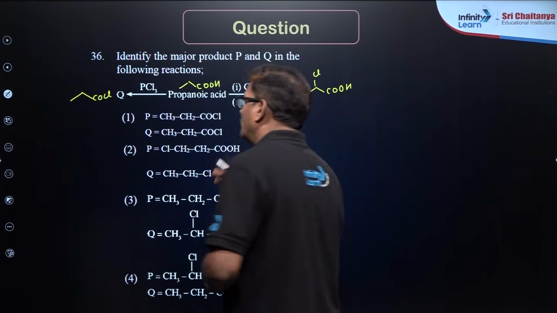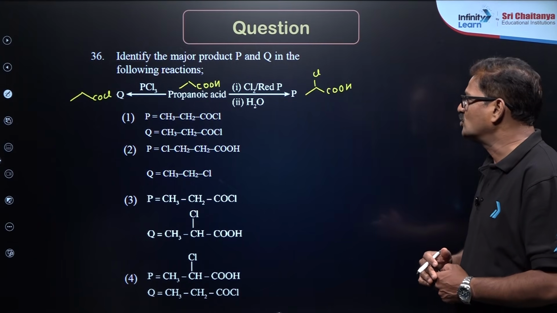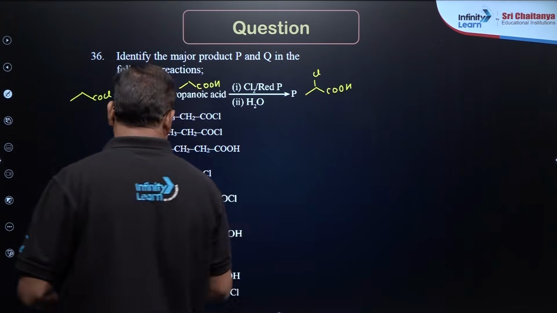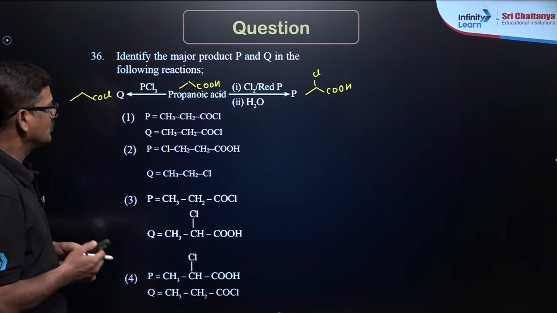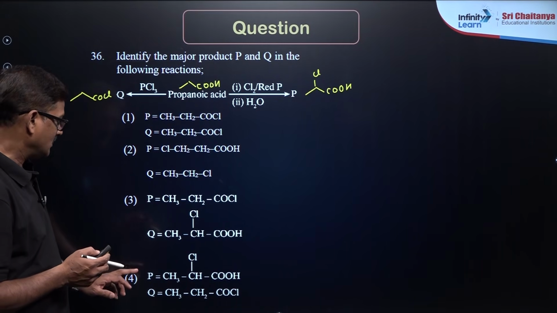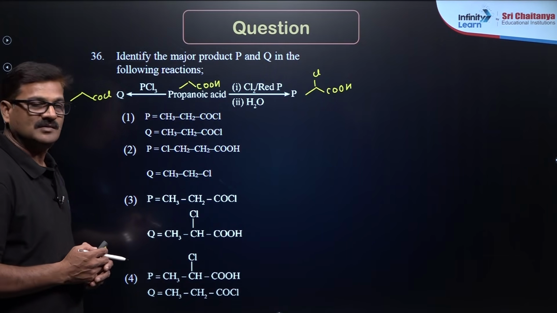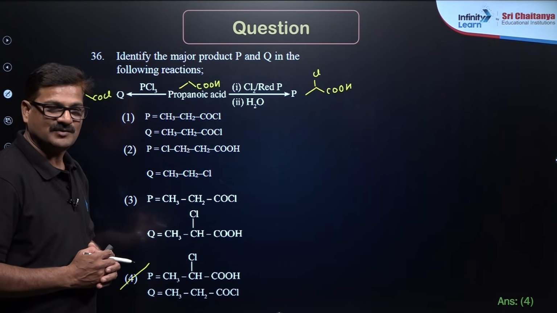So Q is propanoyl chloride and P is 2-chloropropanoic acid. Option 4 is the correct answer for this question.